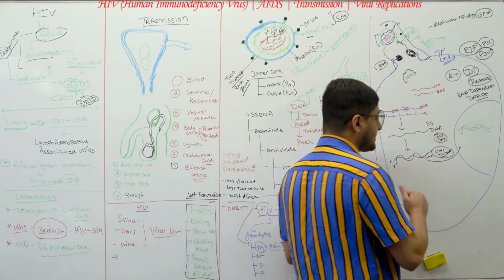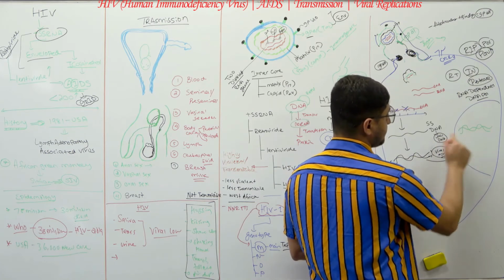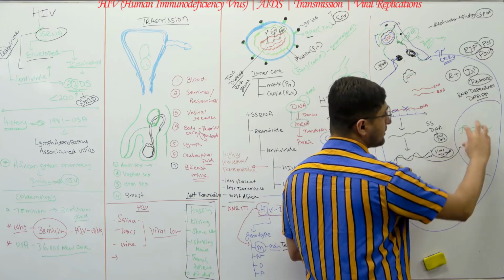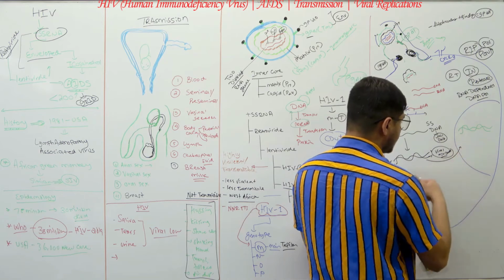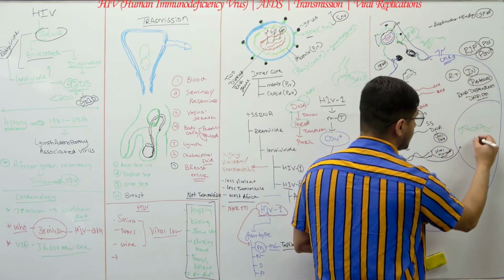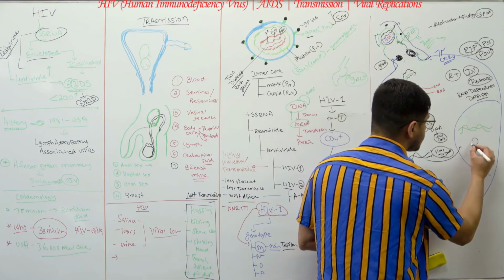Once it does that, let's say this is our gene, I mean, our DNA. The virus also has an enzyme called integrase. Let's say this I is integrase. You know what integrase does?